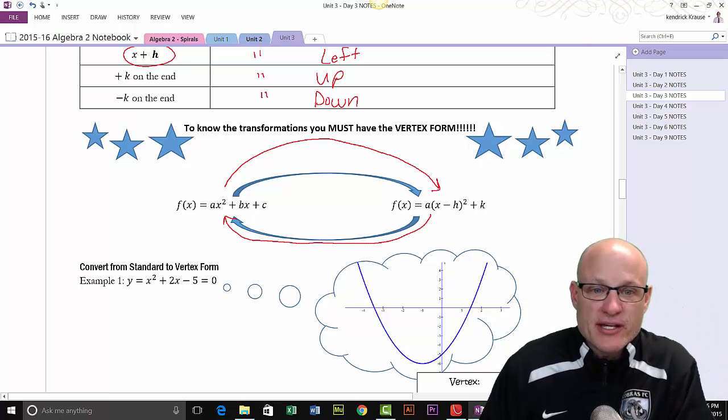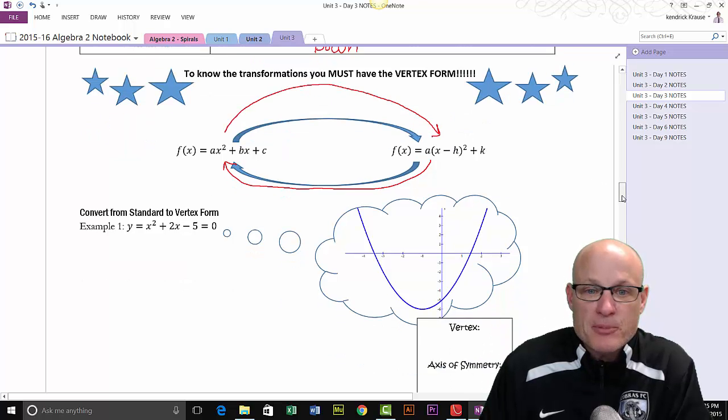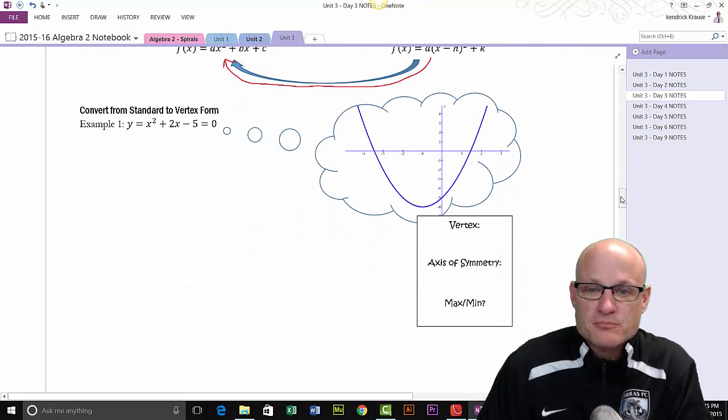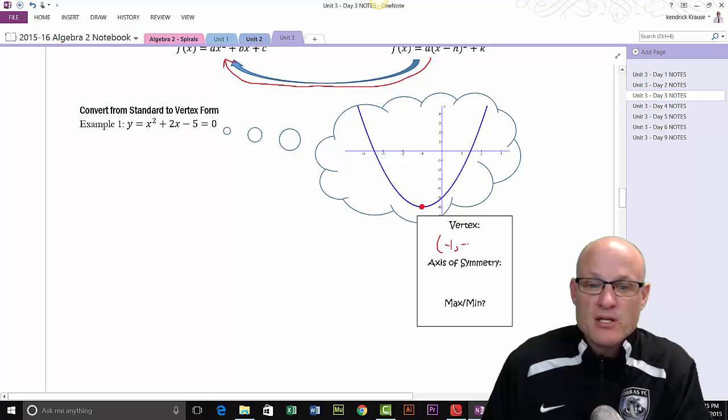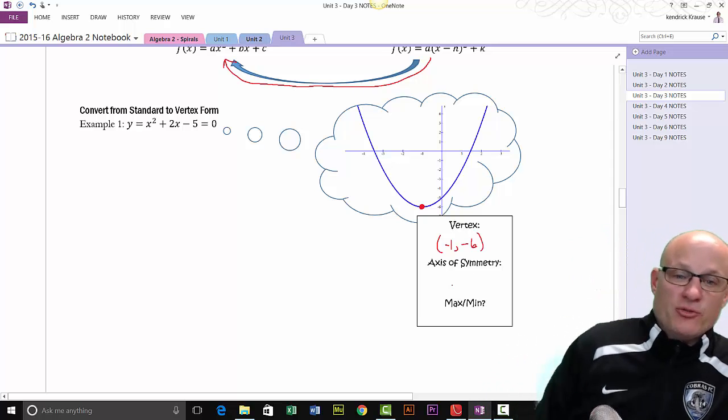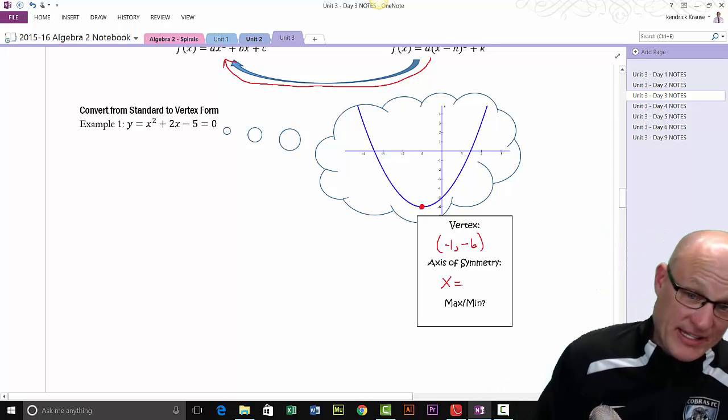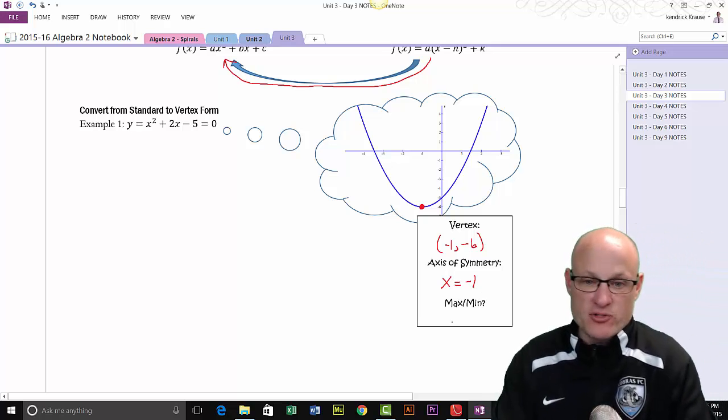If I graph this thing, it looks like this, where the vertex appears to be at -1, -6, or the axis of symmetry is x equals -1, and this is a minimum. But I want to teach you how to get this in vertex form without graphing it.